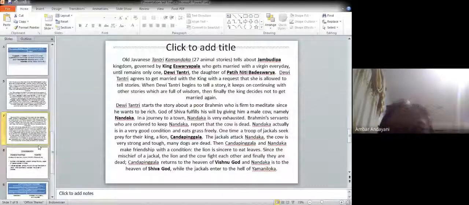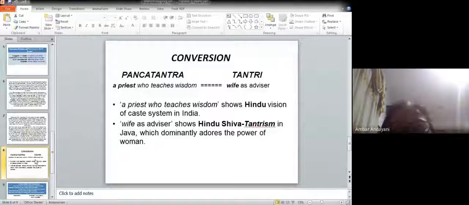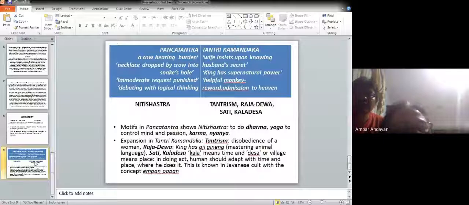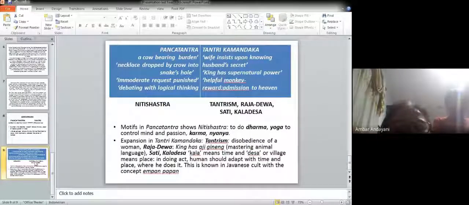In Tantrika Mandaka, there is a transformation of the role of the advisor: not a priest, but a woman becomes the advisor. So there is a conversion of the function of teacher of wisdom from priest to woman.